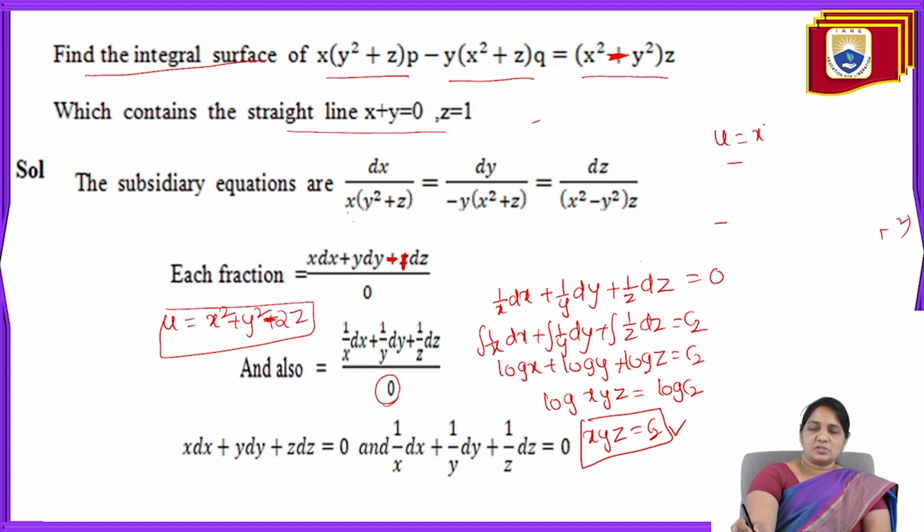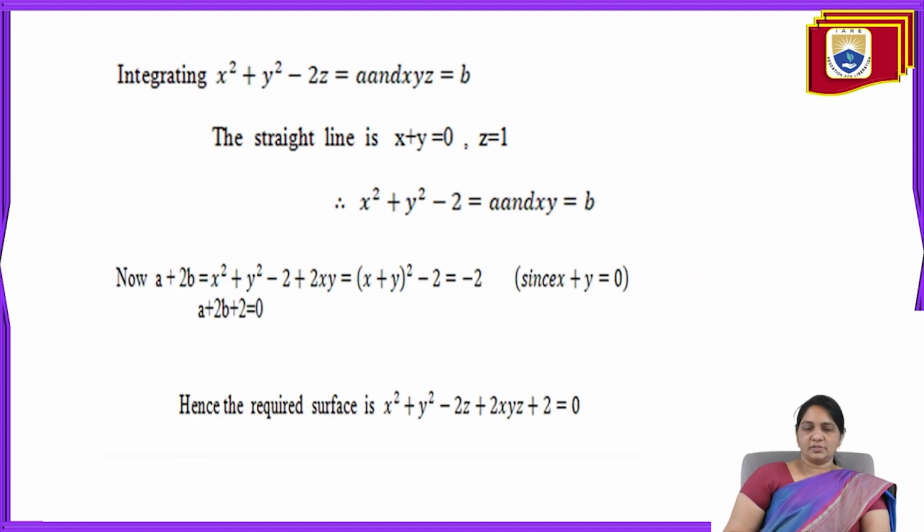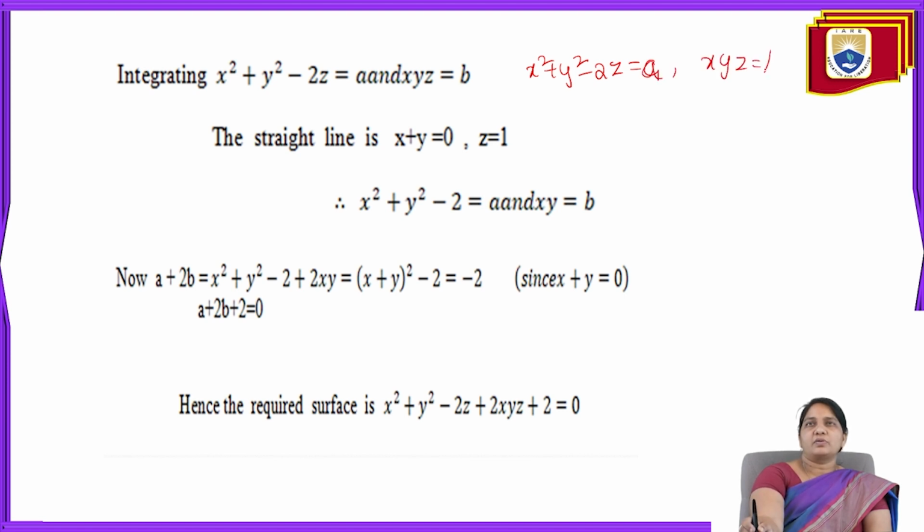u is x square plus y square plus 2z and v is xyz. So finally the general solution is: first solution is x square plus y square minus 2z equal to some constant, and the second solution is xyz equal to v.